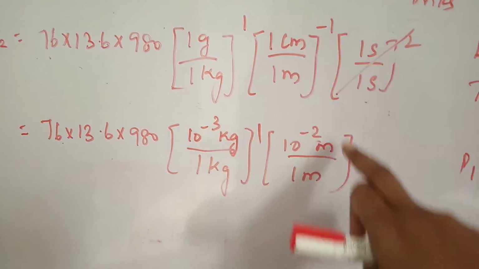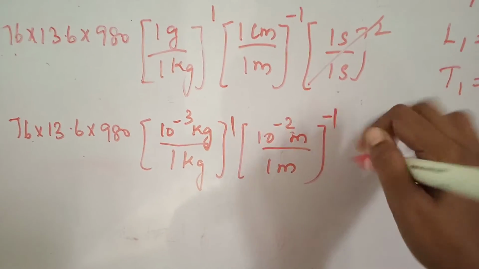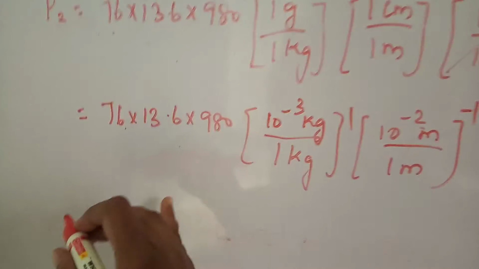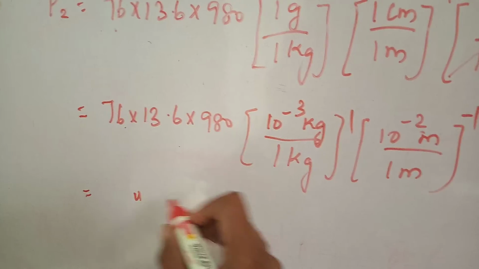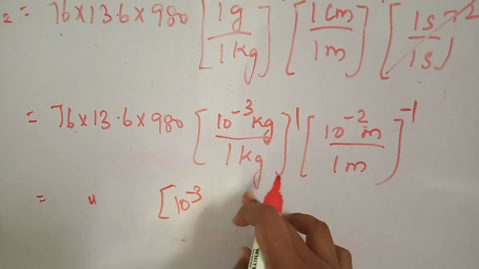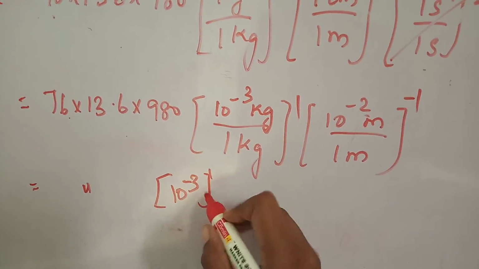So 10 to the power minus 2 meter by 1 meter whole power minus 1. Seconds are common, so we have already cancelled it off. So when you do this, it is 10 to the power minus 3 divided by 1, which is simply 10 to the power minus 3, whole power 1, in kilogram.